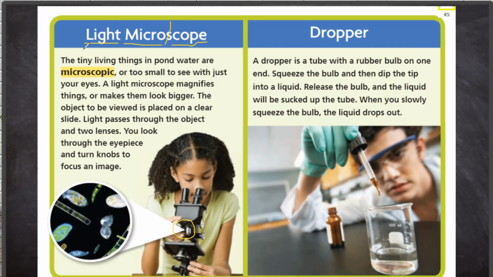Okay, guys, so light microscope. Why do we say light microscope? Because it uses light. Now, the tiny living things in pond water, if you want to see them, you need to use a microscope because these are things that you cannot see with your own eye. Okay?